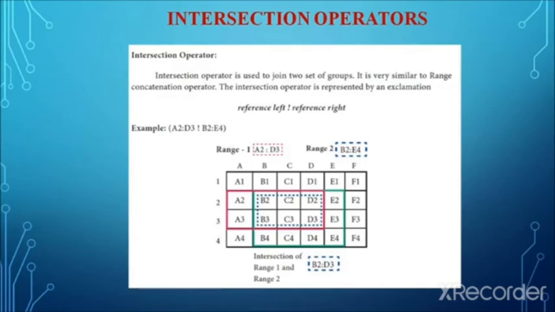The second group is B2 colon E4, starting from column B till column E. These are the two different groups. Among them some elements are common: B2, C2, D2, B3, C3 and D3. It is shown in dotted lines. This is how the intersection operator works.